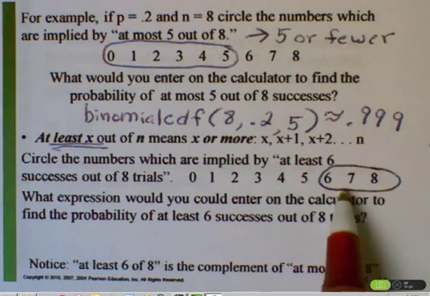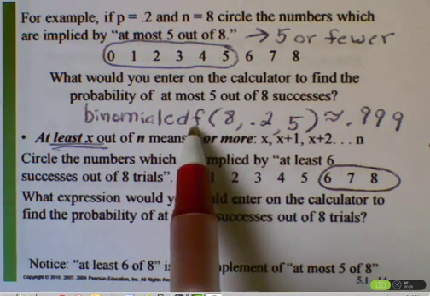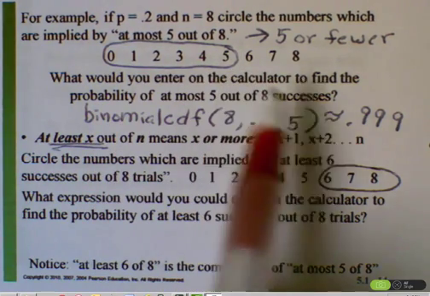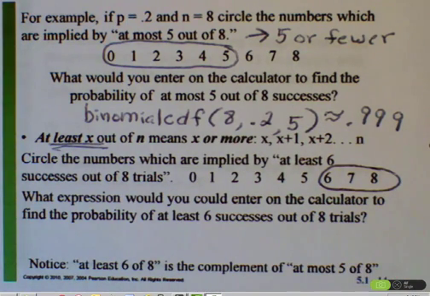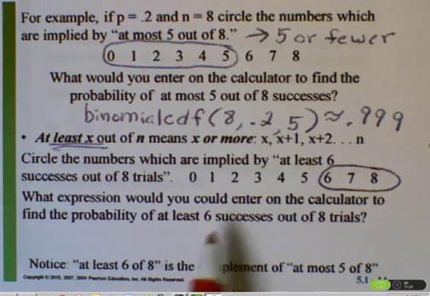Now, this is not the probability that the calculator will give me. Binomial CDF always starts at 0 and adds until I tell it to stop. It won't start with 6 and add to where I tell it to stop. So somehow I have to figure out how to get the probability of at least 6 using what the calculator will give me.